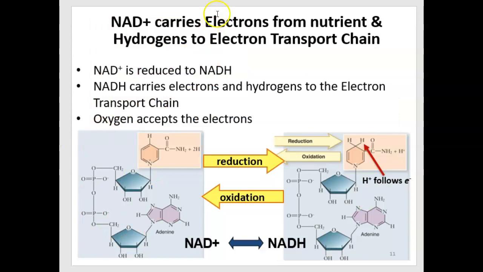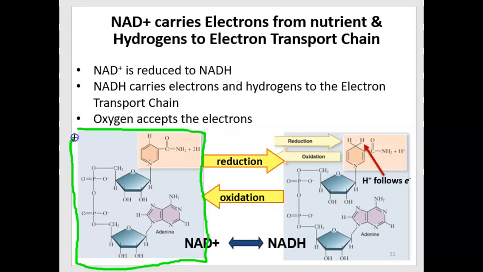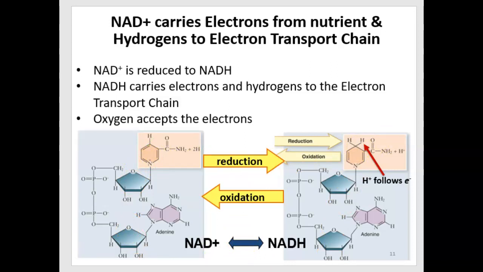And here's a little bit about NAD and NADH. I'm not expecting you to really have to look at this organic molecule again, but this is the structure of NAD+. It's got a positive charge on it, and it's in a number of places, but right here is about where it is. And when it accepts electrons, we'll see that a hydrogen follows the electrons.